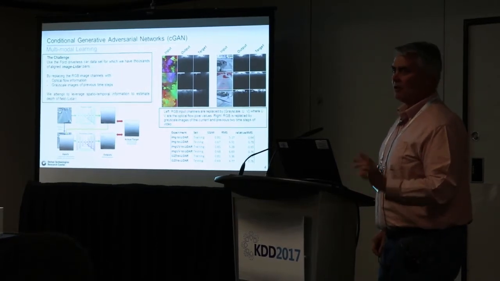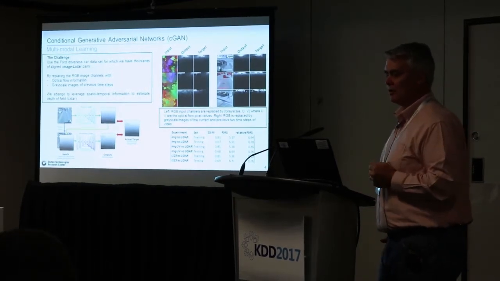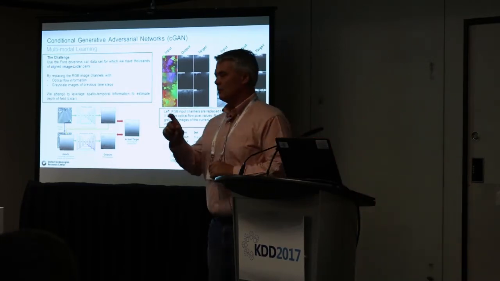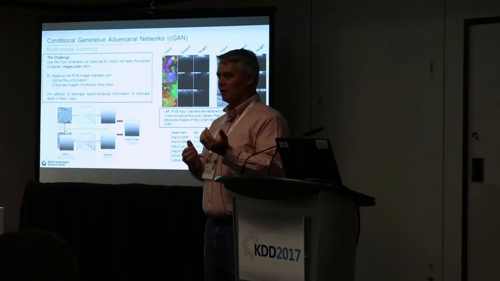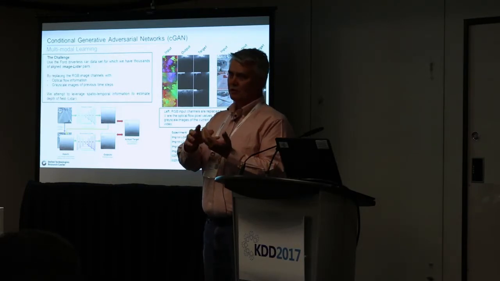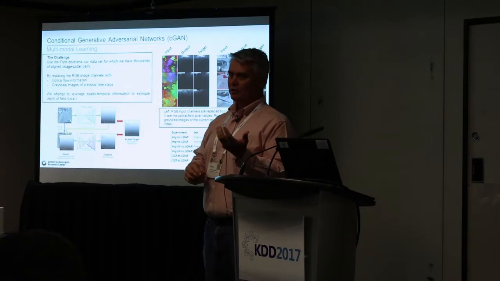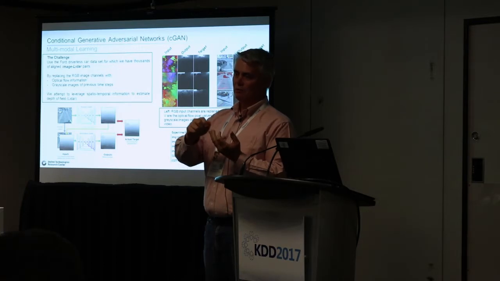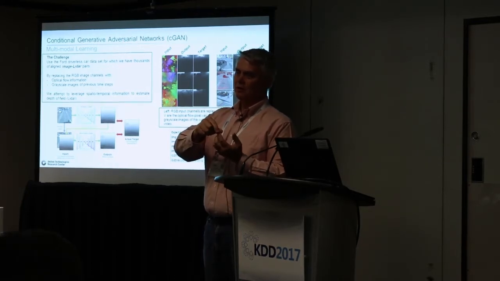Sorry, question. The RGB are 3 different time slices? If you think of the RGB image, it's a 3-channel image, and you replace red, green, and blue with a black and white image at 3 different time steps.